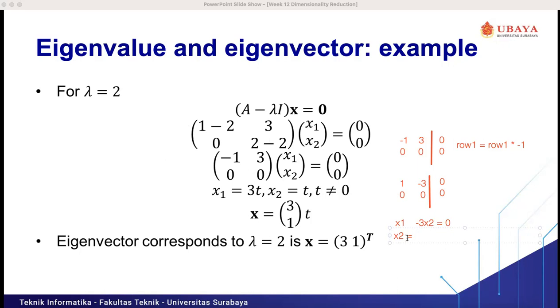So if x2 equal t, then x1 minus 3t equal 0, so x1 equal 3t. So we have x2 equal t and x1 equal 3t.